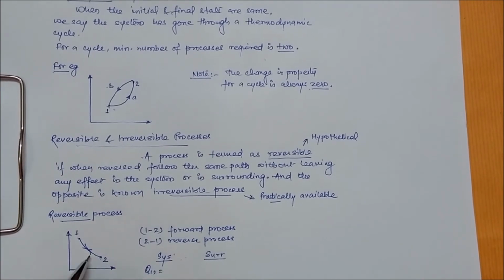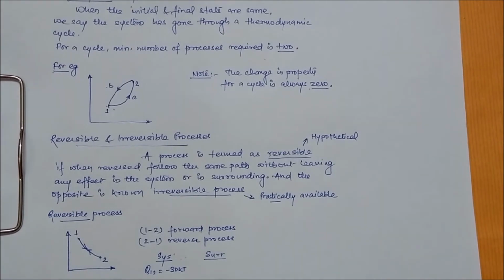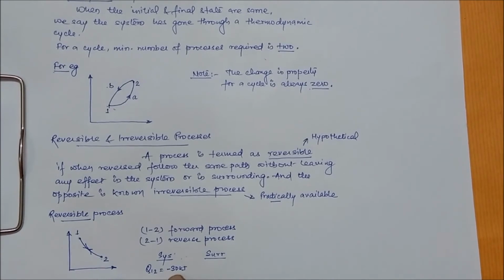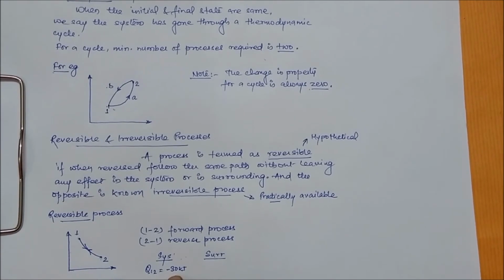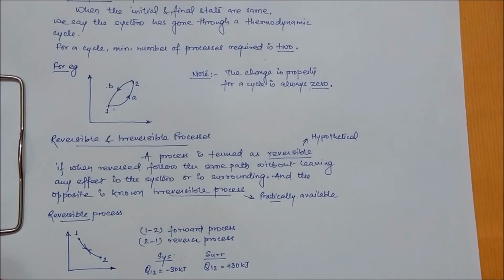The system leaves a heat of 30 kJ, that is minus 30 kJ. This heat will be absorbed by the surrounding, so the surrounding will be plus 30 kJ.